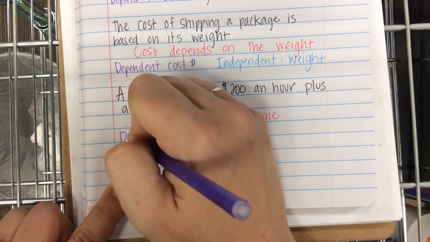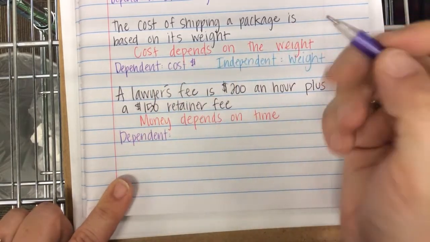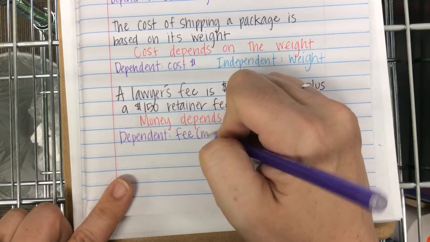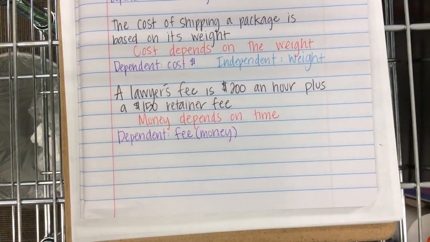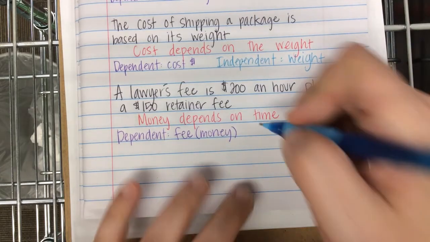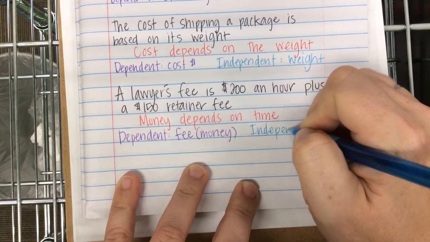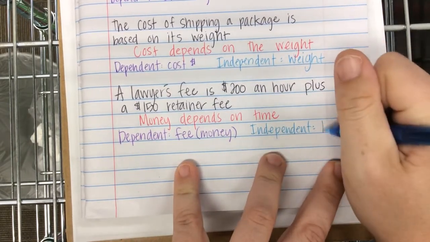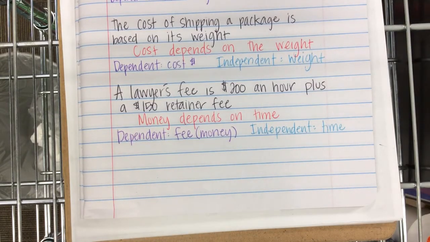So dependent is the fee, or the money. And my independent is time, or the number of hours.